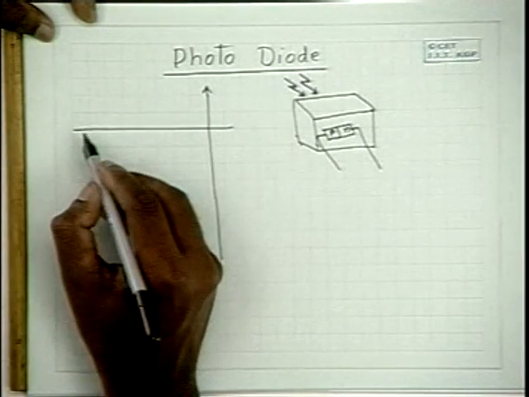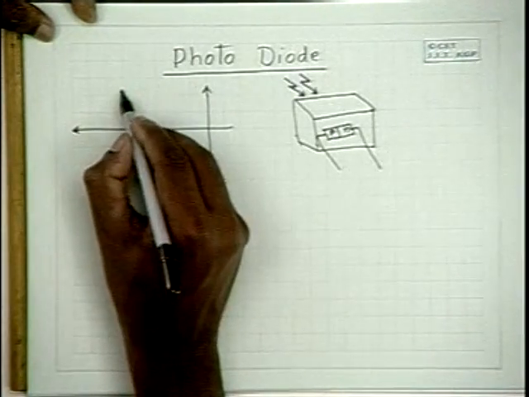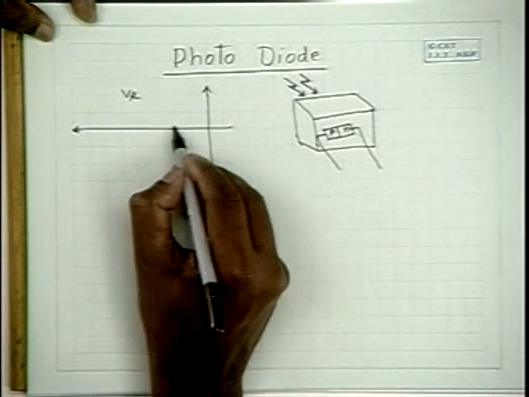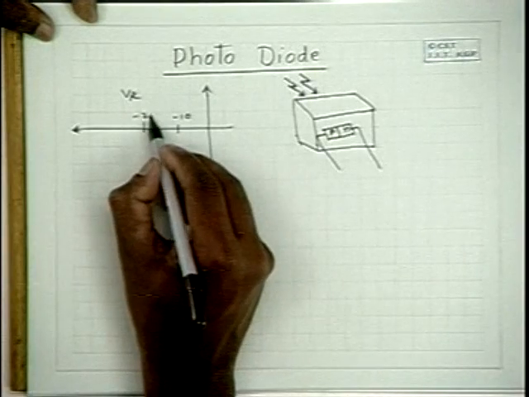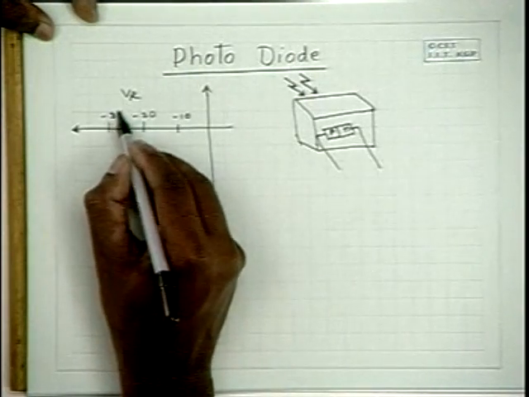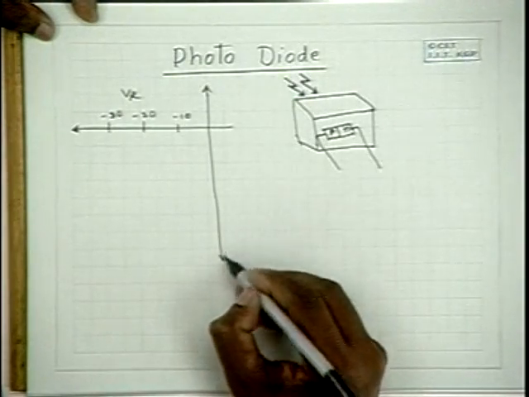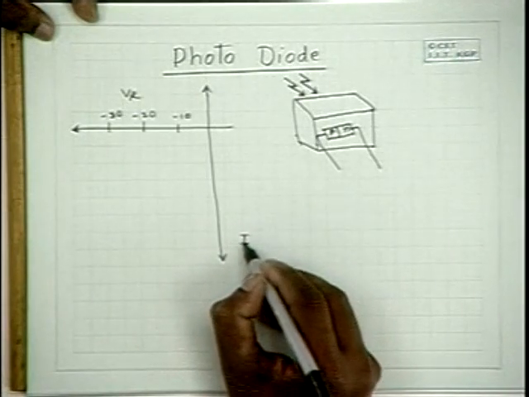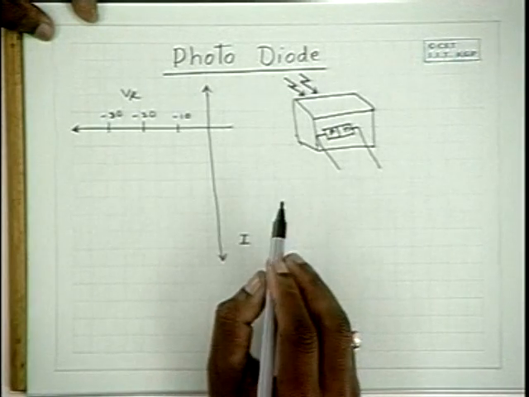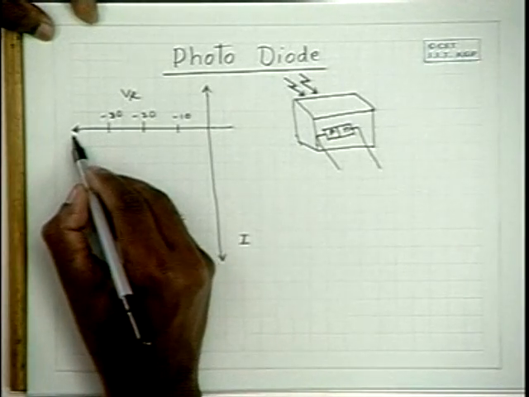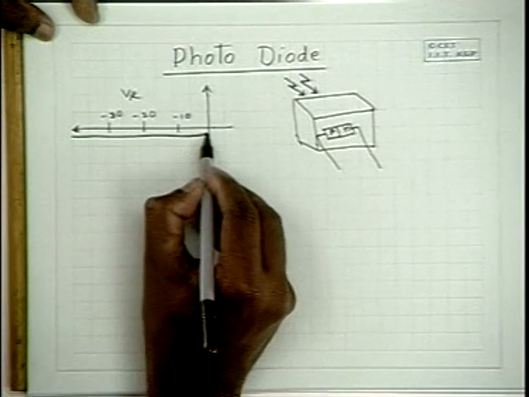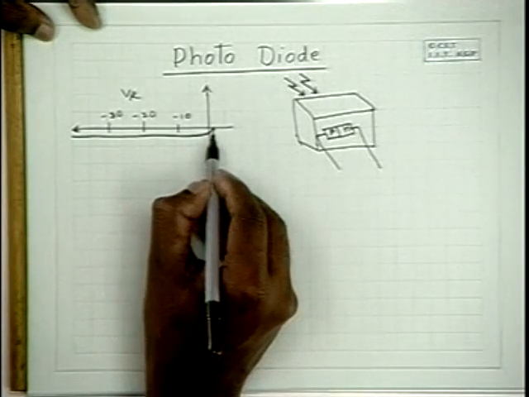It is usually operated in the reverse direction, with negative potential applied. It gives different amounts of reverse current, with the characteristics exhibited in this fashion.